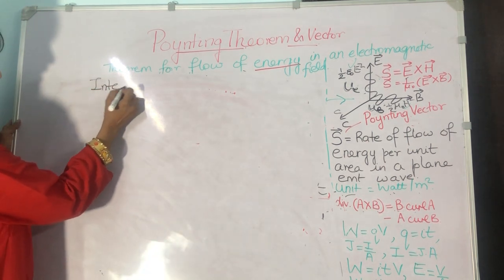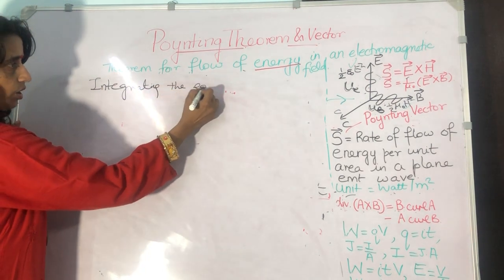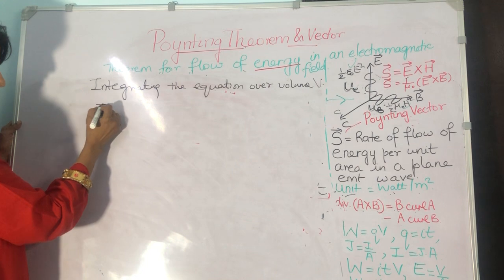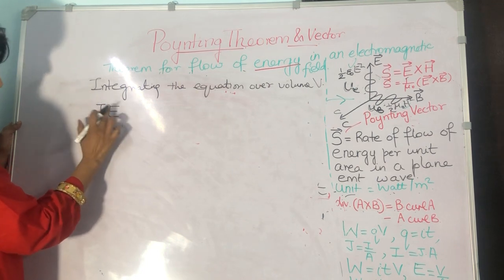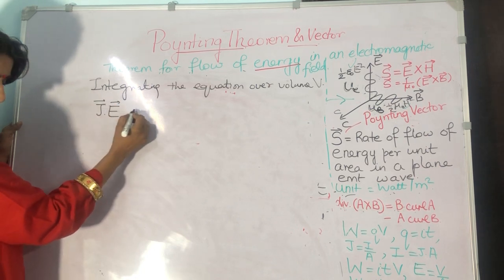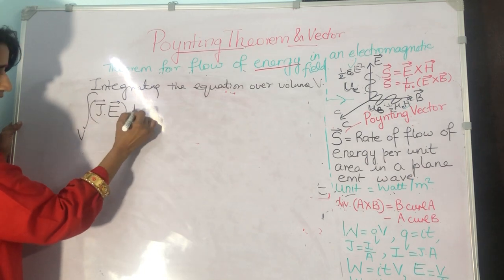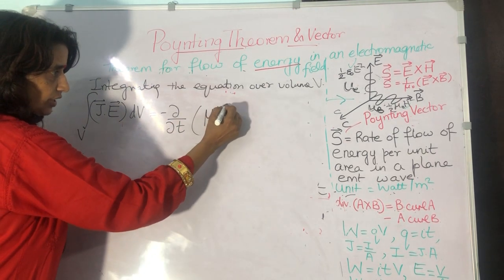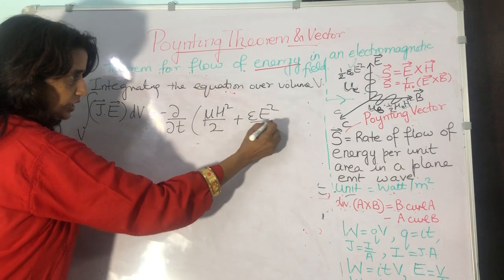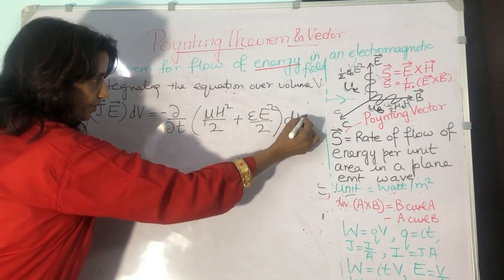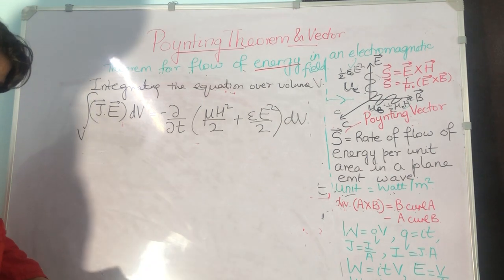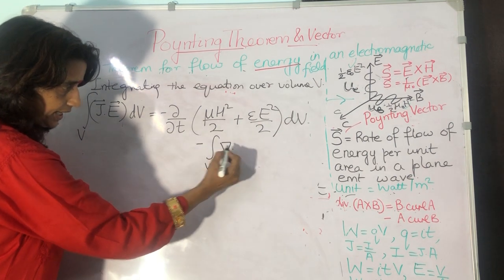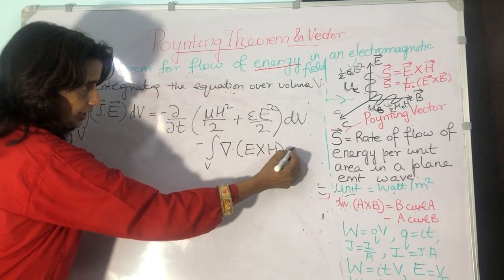Integrating the equation over volume V, we get integral of J dot E dV is equal to minus del upon del t into integral of mu H square upon 2 plus epsilon E square upon 2 dV, and this sign here was minus, integral V del dot E cross H dV.